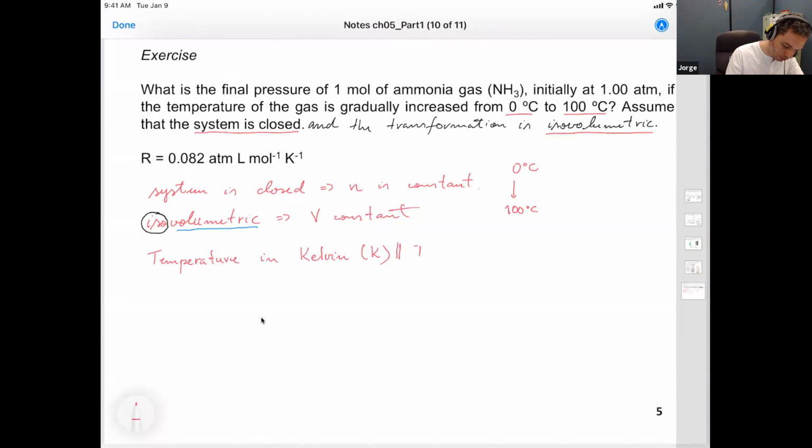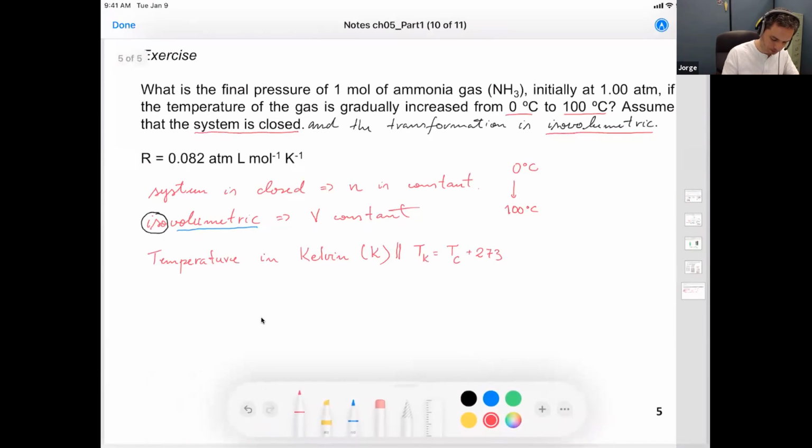The temperature in Kelvin is equal to the temperature in Celsius plus 273. That's the equation that we are going to use to convert from Celsius to Kelvin.